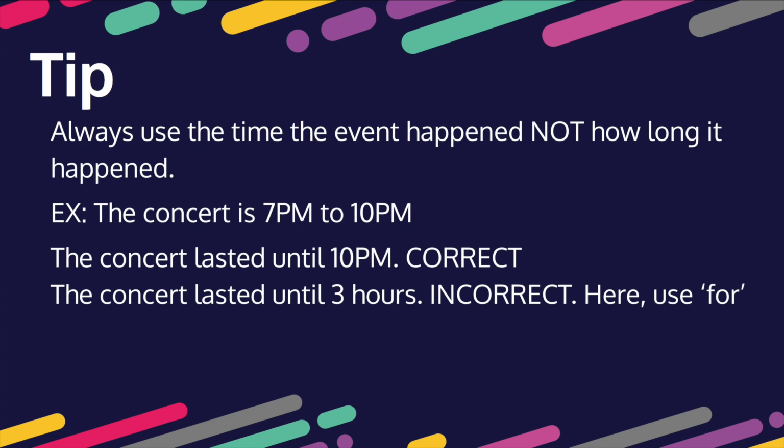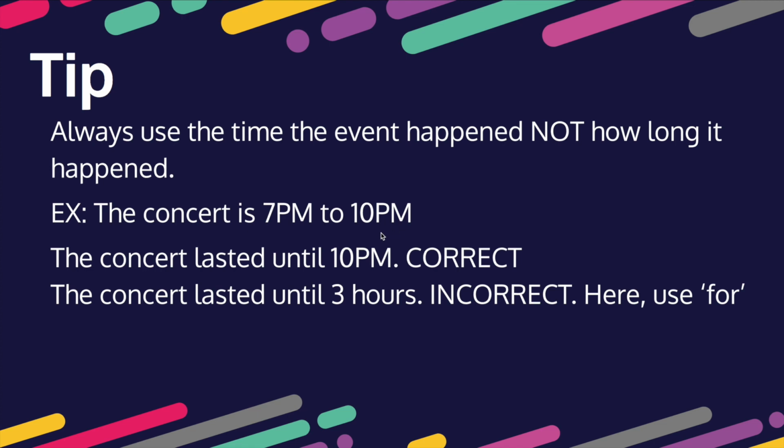One final tip. This is a common mistake. Remember, you should always use the time the event happened, not how long it went for. For example, let's say there's a concert that starts at 7 and finishes at 10.